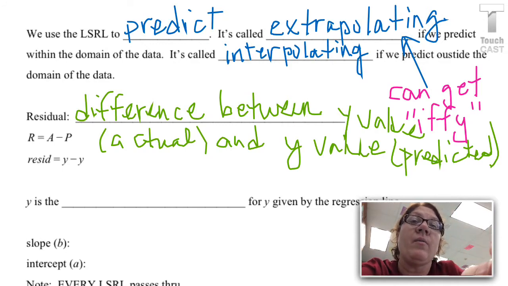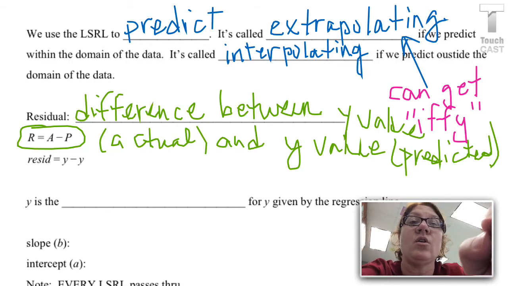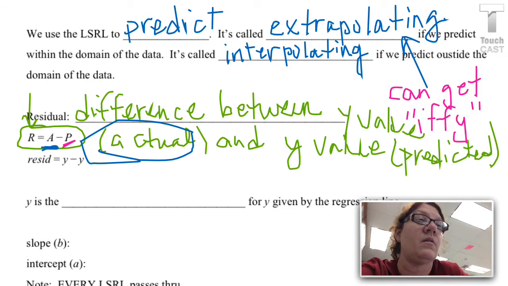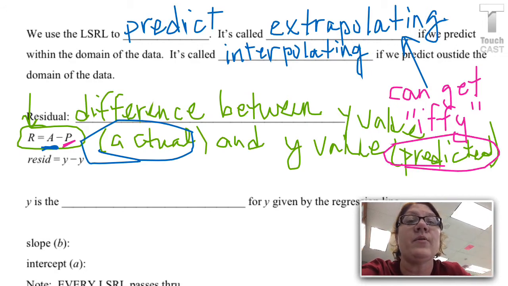And so here's how I remember RAP. I know you're all RAP artists. So residual, that's the R, equals actual minus predicted. RAP.